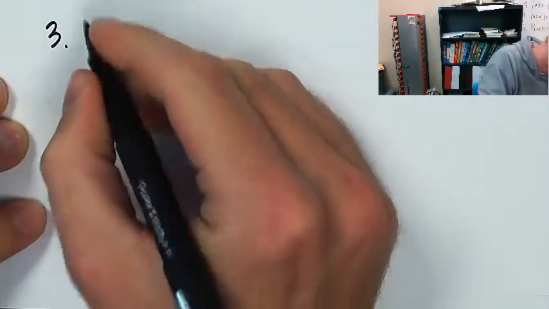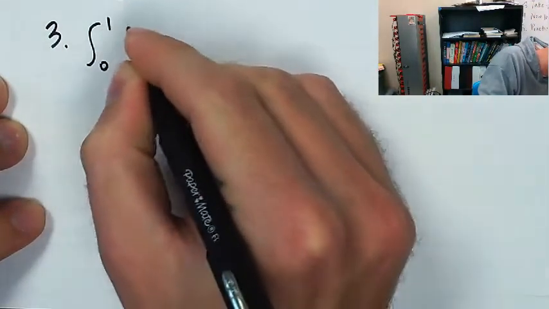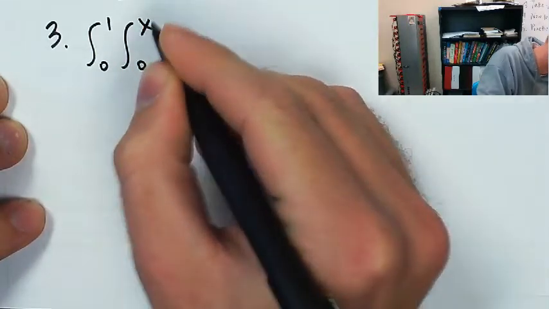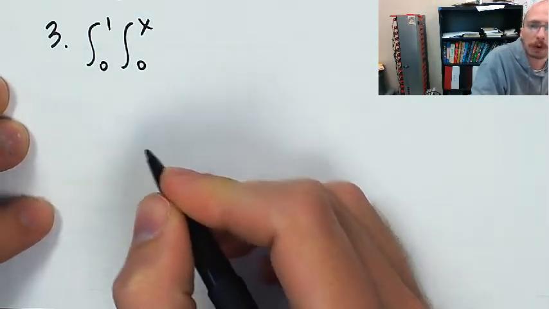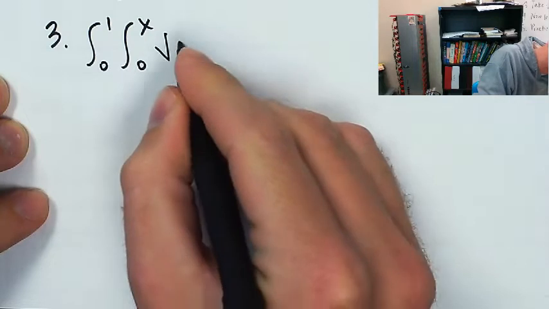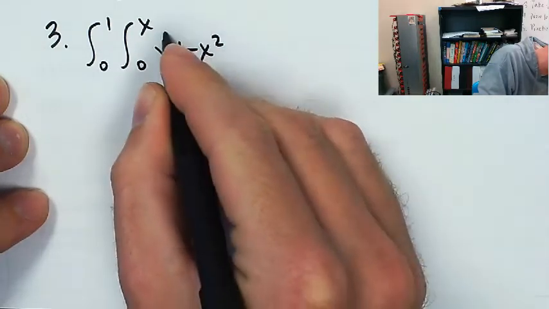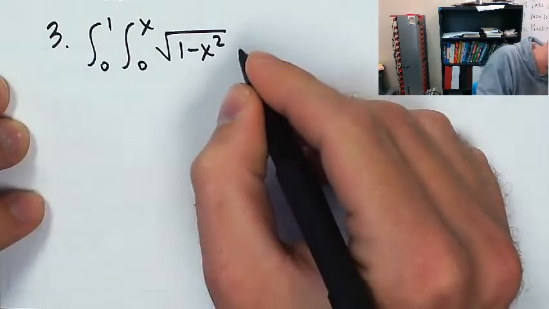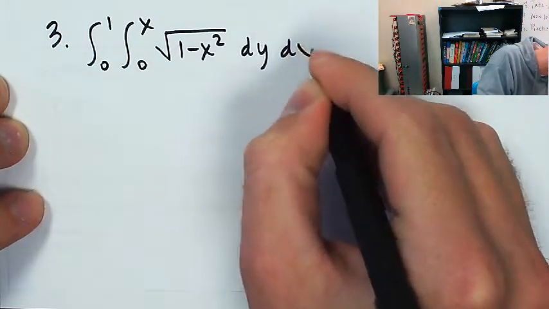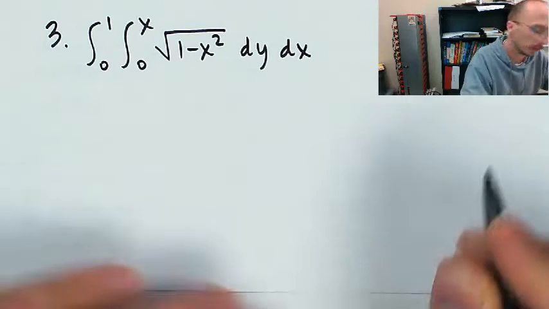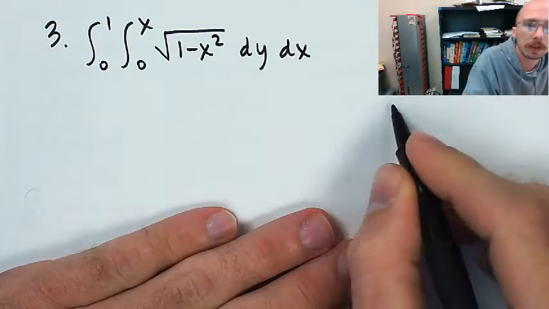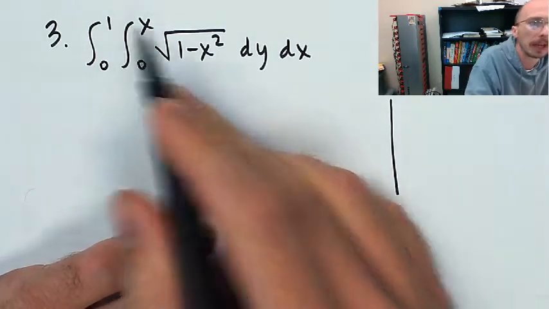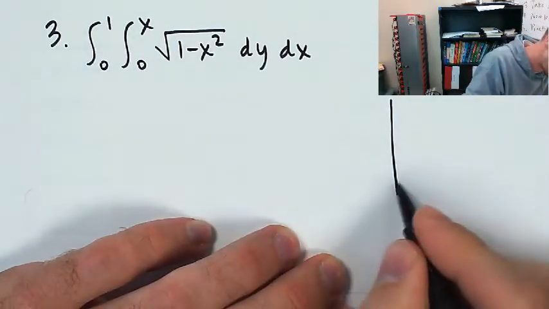Number 3 is the integral from 0 to 1 of the integral from 0 to x of the square root of 1 minus x squared dy and then dx. All right, so this region is, y is between 0 and x, and x is between 0 and 1.